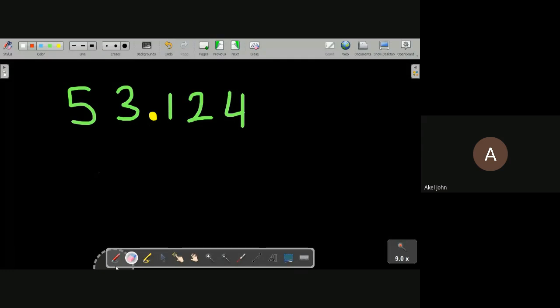So take for example, how many decimal places does 7.2 have? You are correct if you had said 1. 7.2 has 1 decimal place.